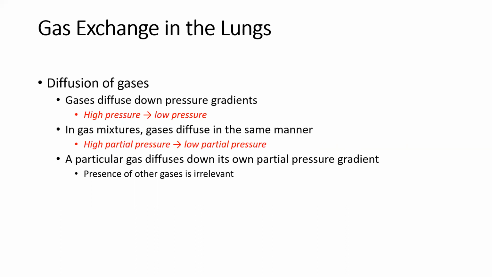And so we really want to think about the individual partial pressures, where they're the highest and where they are the lowest, in terms of figuring out the direction of movement of these gases individually. And this is why these gases move independently. This is why oxygen moves in one direction, CO2 moves in another direction, because they are honoring their own partial pressure gradients, and they are completely ignoring the partial pressures of the other gases that are also in that mixture.